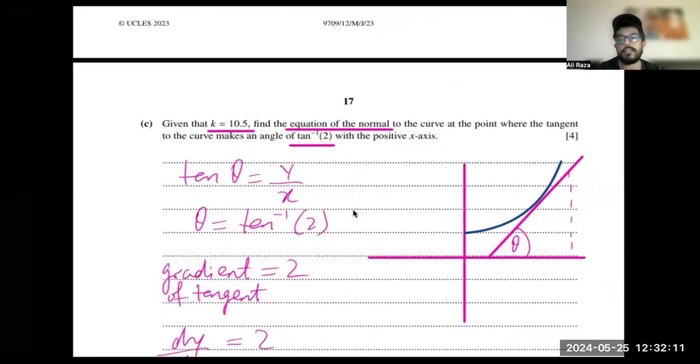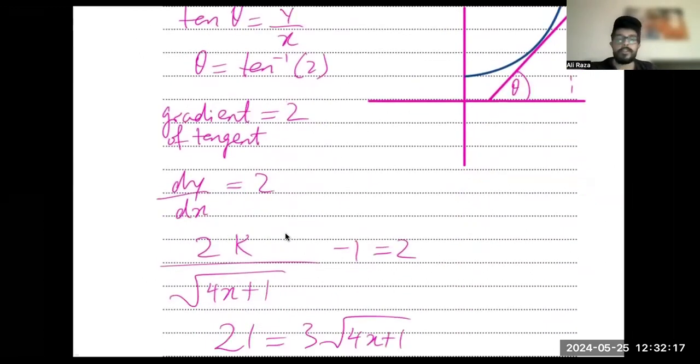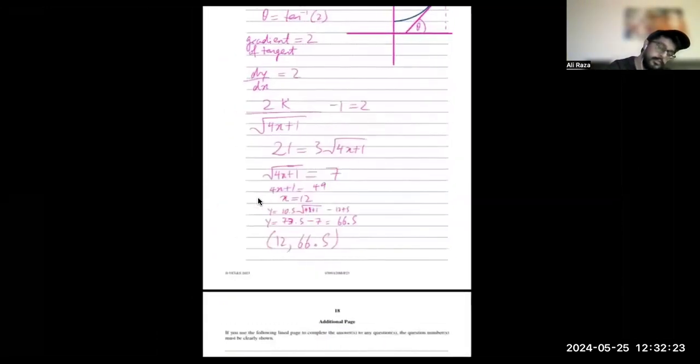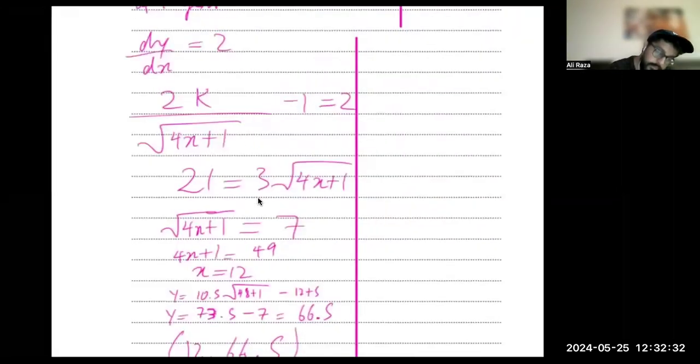Now at this coordinate, we need to find the equation of the normal. So the tangent had the gradient 2. So the normal would have the gradient of the negative reciprocal of 2, which is minus 1 over 2, and the coordinate 12 and 66.5.